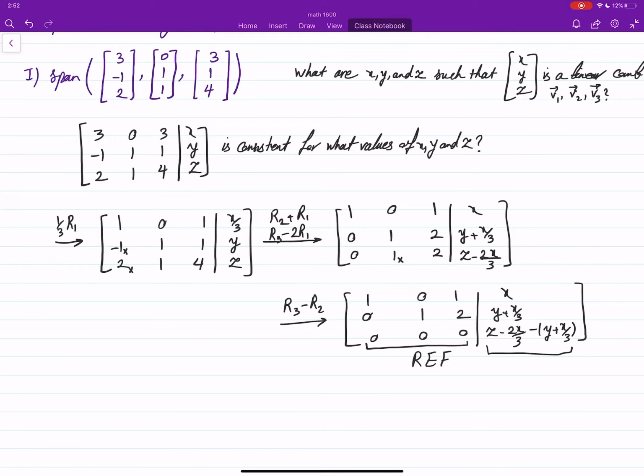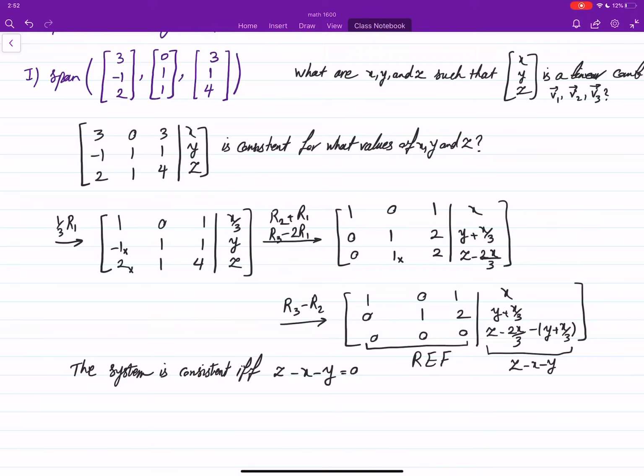So the system is consistent if and only if the right hand side of the third row, which is z minus x minus y, is equal to 0.